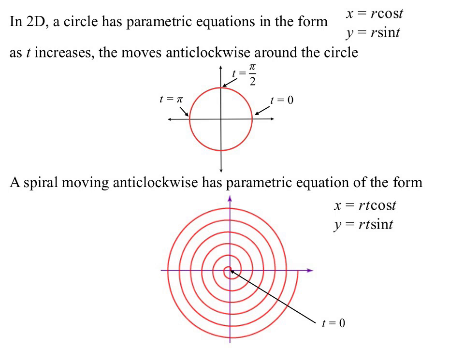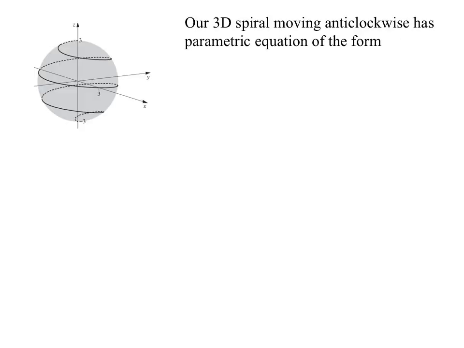But as t gets bigger, what we're essentially saying is that radius is getting bigger and bigger and bigger, and that's why it's creating a spiral. It's not a consistent radius. As t increases, it goes around. So there's t equals 0. t equals pi on 2, I'd now be up here. t equals pi, I'm back on the x-axis again, but on the other side, and that's why it's going around anti-clockwise.